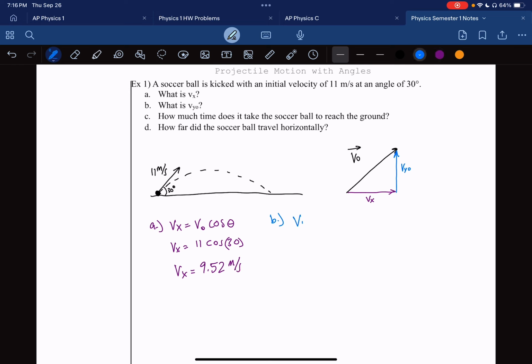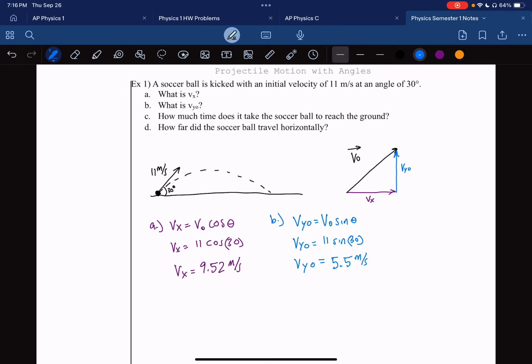Part B is Vy naught is equal to V naught sine theta. Very similar to this, except it has sine. So we'll type in 11 sine 30. Comes out to 5.5 meters per second.